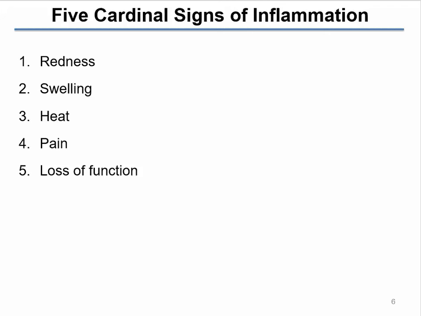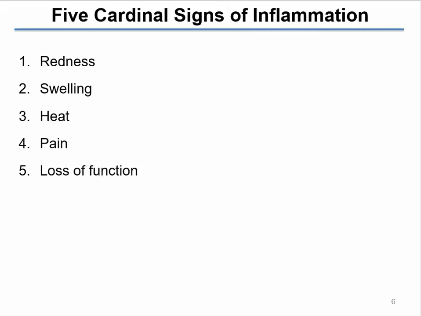And the mnemonic for it was rubor, calor, tumor, and dolor, which is red, heat, swelling, and pain. That was actually coined by a Greek philosopher named Celsius in the 1st century AD. And it stuck right until quite recently.